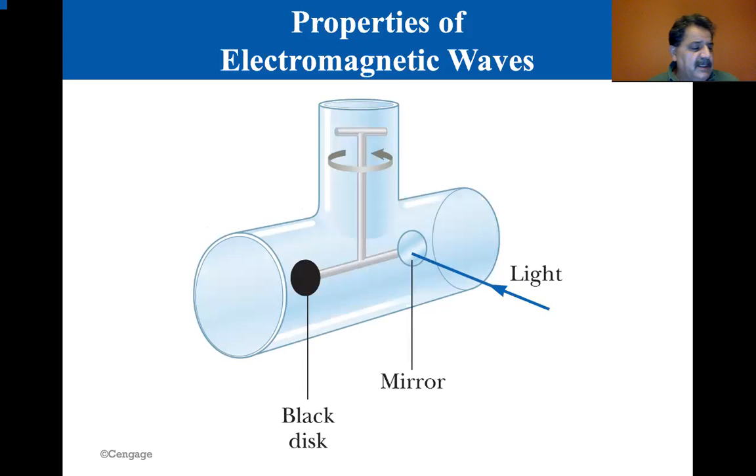And here's a little device for measuring. The black disk will completely absorb, and the light will be reflected on the mirror surface, and so the radiation pressure can be determined by measuring the angle at which the equilibrium occurs.